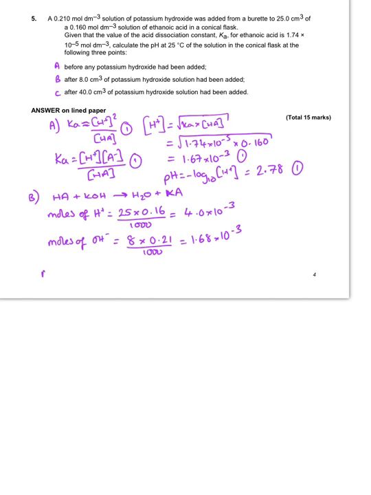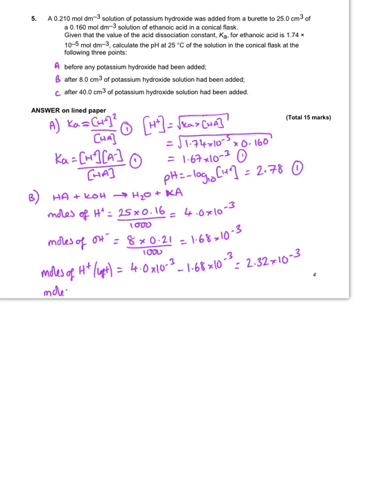Okay, so we know the moles of acid that are left over are going to be what we started with minus any hydroxide that we added, which is going to be 2.32 times 10 to the minus 3.